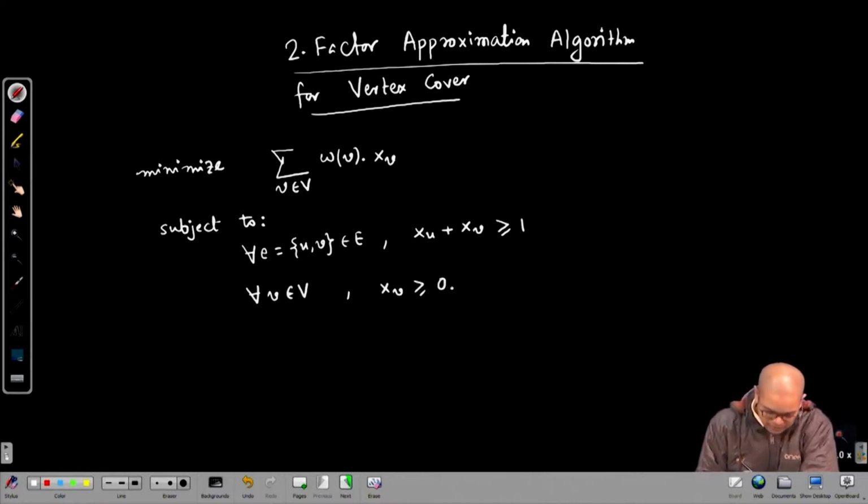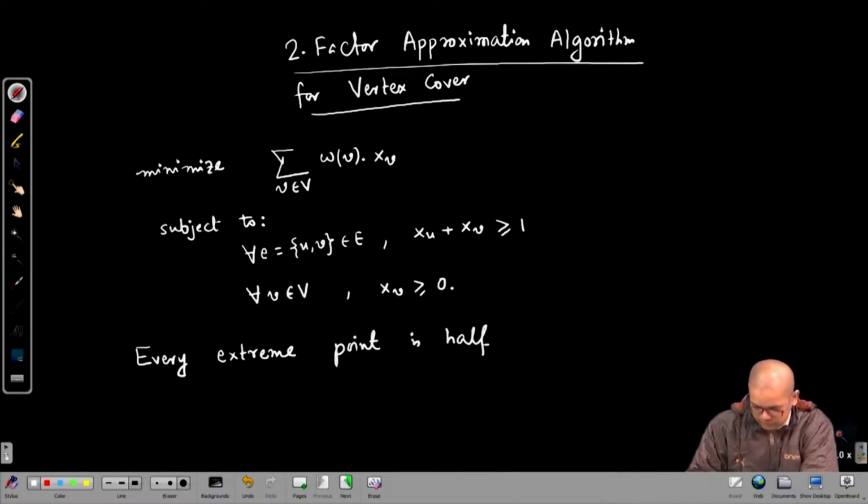And every extreme point is half integral in particular.